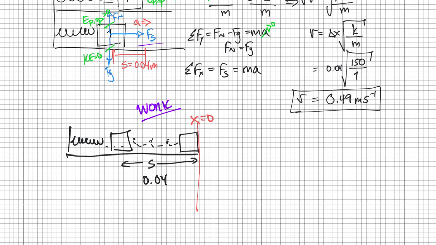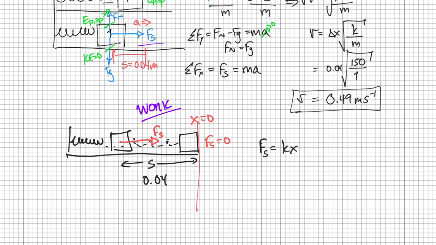So we can think about this in terms of there is some force of the spring pushing this way. And then here, at this point, the force of the spring is 0, because remember, using Hooke's law, our force of the spring is going to be kx.